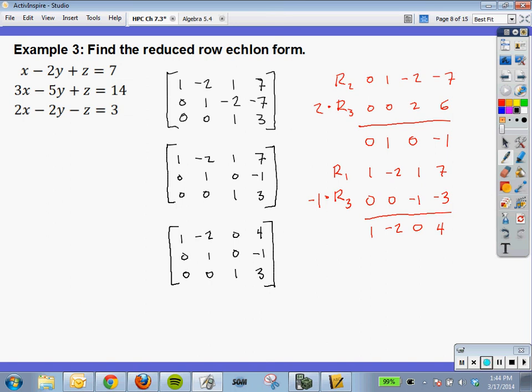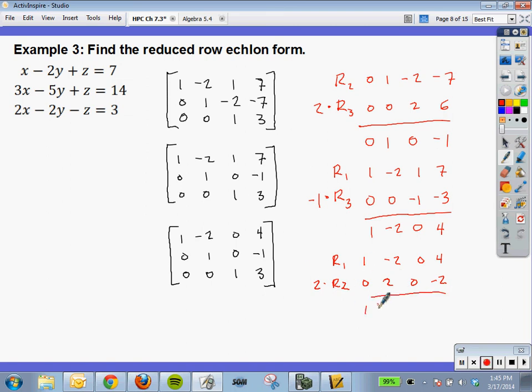So now at this point, we have one more 0 to go. We want to get rid of that -2. Getting rid of the -2 will give us the reduced row echelon form. So we're going to combine row 1 and row 2 together, and we're going to multiply row 2 by a 2, and now we have a 1, -2, 0, 4, and a 0, 2, 0, -1 times 2.